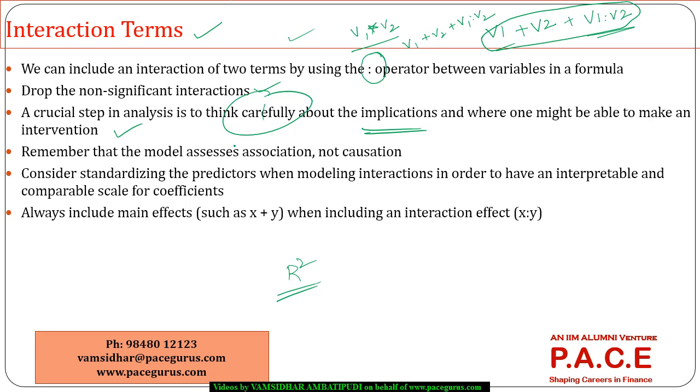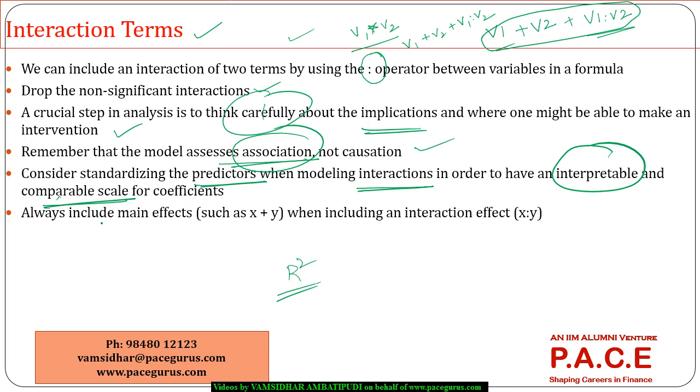We have to understand that the model, whatever we are building, is focusing on association but not causation. So I would standardize the predictors when modeling the interactions so that I get an interpretable and comparable scale for the coefficients. Especially when I am bringing the interaction terms into the model, I would always prefer some level of scaling or standardization of the variables rather than taking the variables as they are.